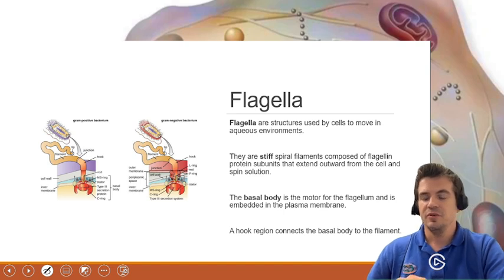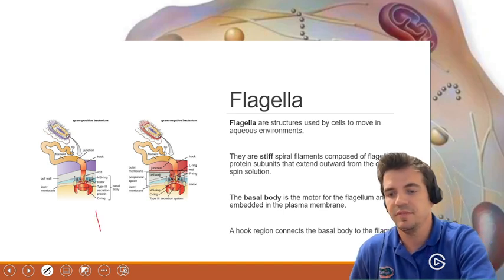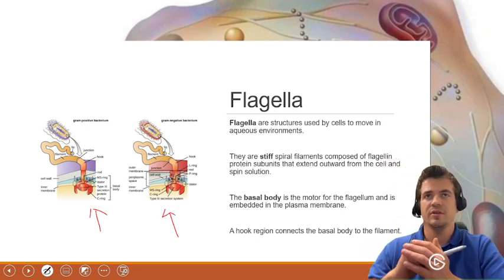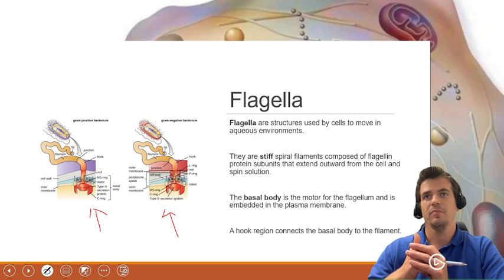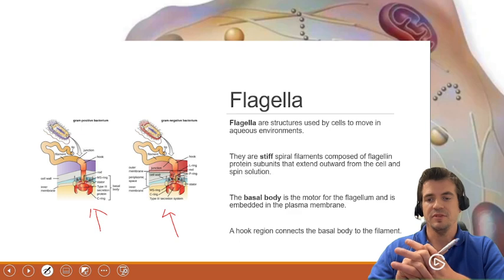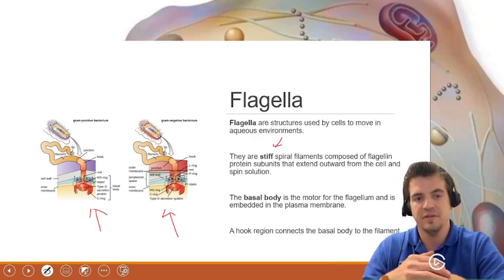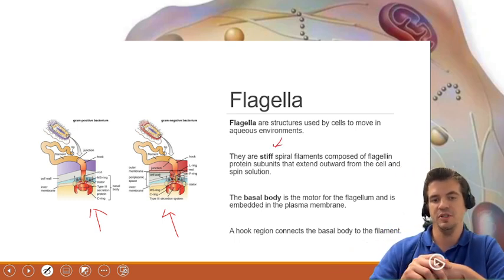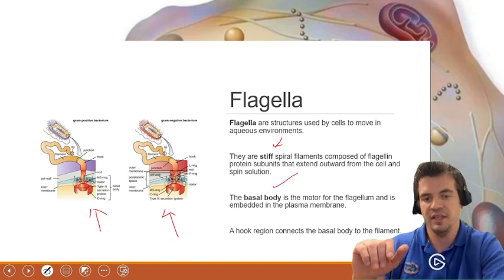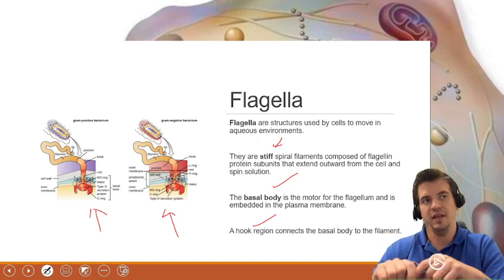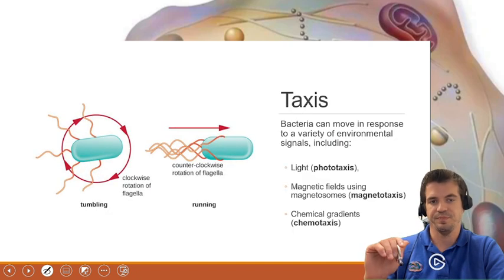Flagella have two different types, okay, of flagella. These are pretty similar still, okay, but they have slight differences that you can nuance if you like. But know that they are stiff spiral filaments composed of flagellin subunits, and they have a basal body and a hook region, okay, and it spins in a motion to get them to move.